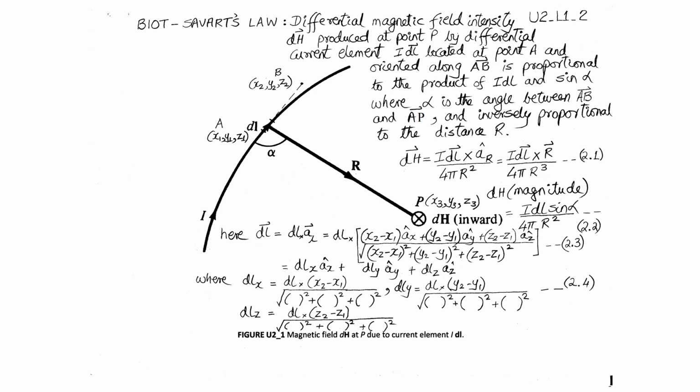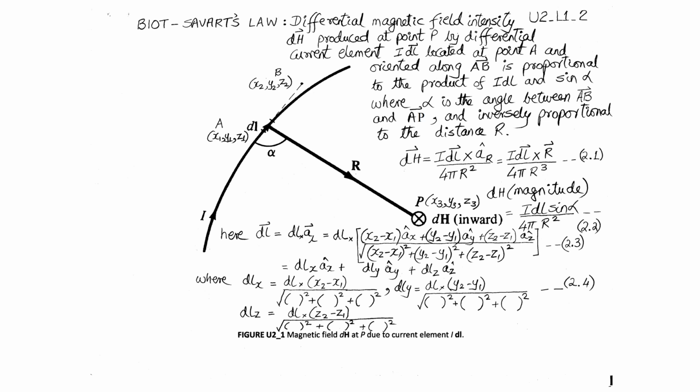It can be expressed as magnitude of dl, that's the length of the element, into AL vector, where AL vector is nothing but the unit vector along the direction of dl, that is in the direction from A to B. Now, let us assume that A has Cartesian coordinates x1, y1, z1. B has Cartesian coordinates x2, y2, z2, and the field point has coordinates x3, y3, z3.